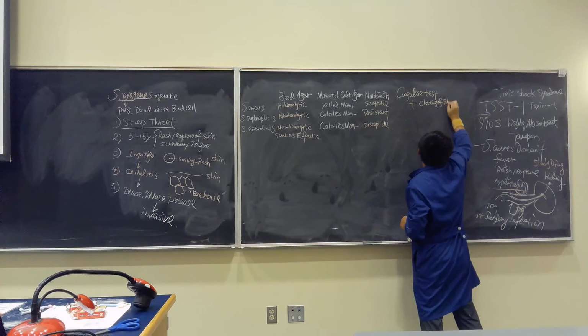So we could use blood agar, mannitol salt agar, novobiocin, and the coagulase test to differentiate these three important Staphylococcus species from a microbiology standpoint. It is a very quick test. We could do that. Okay?